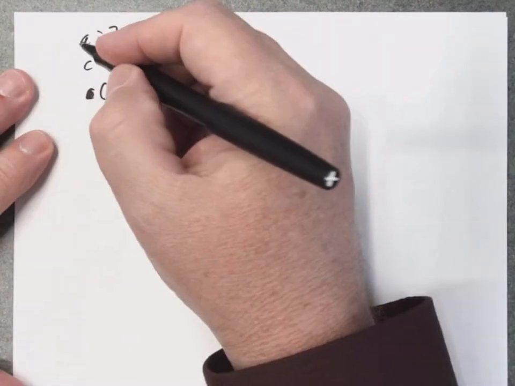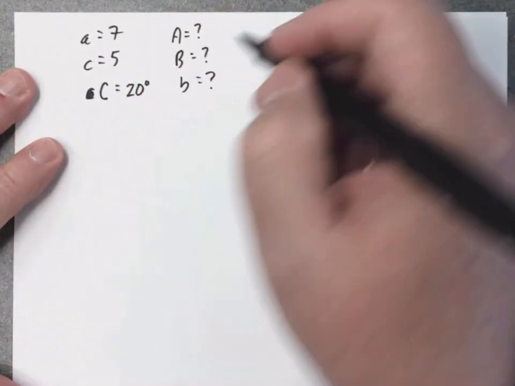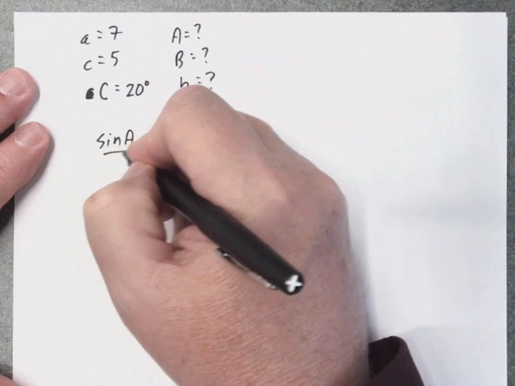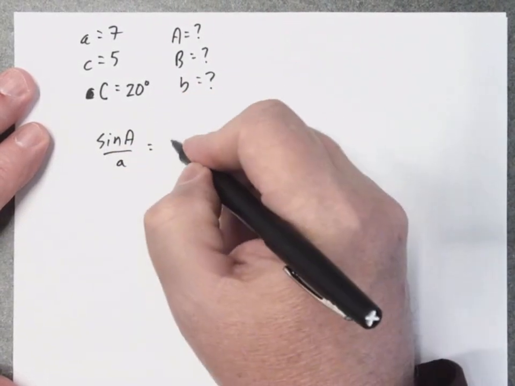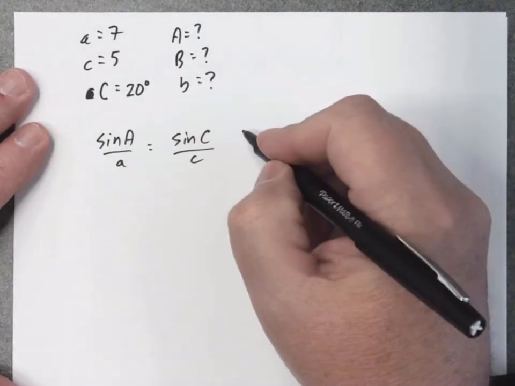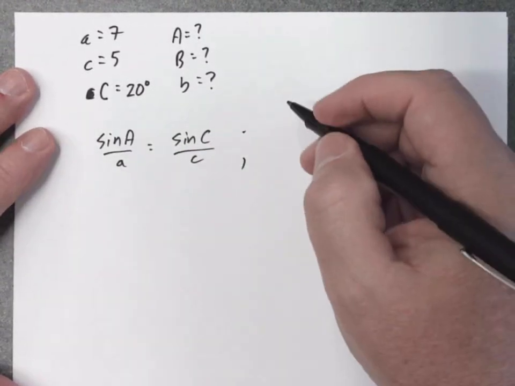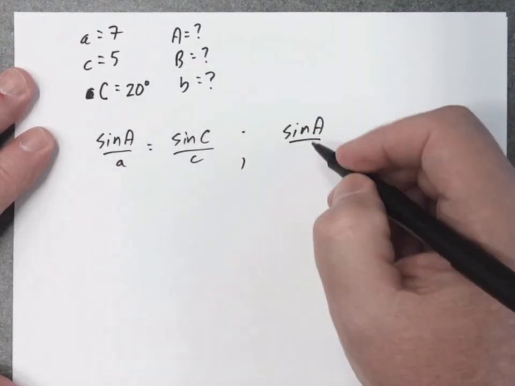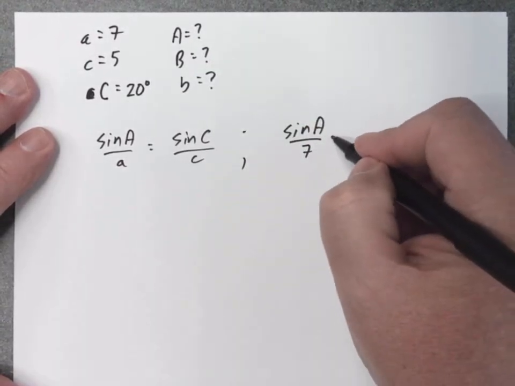Just use law of sines between A and C. So the sine of A over side A equals the sine of C over side C. I plug in what I know. Sine of A over side A is 7.